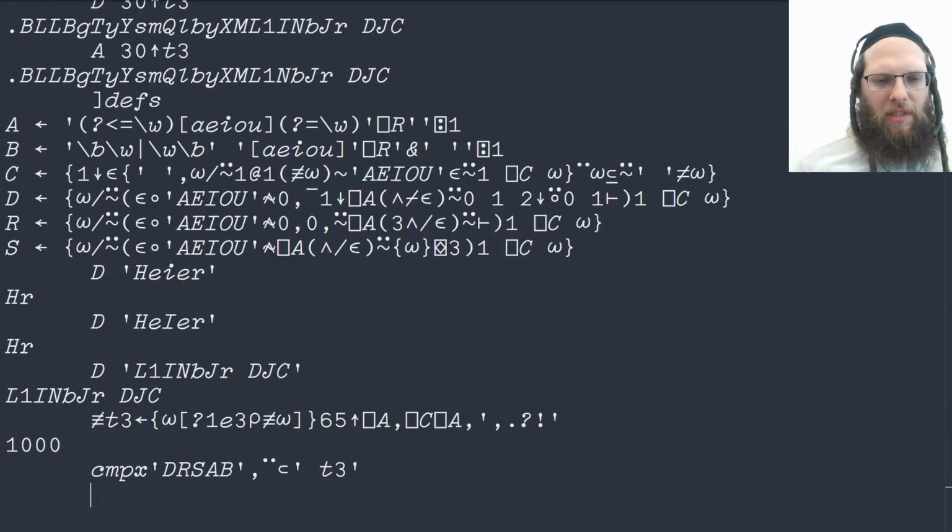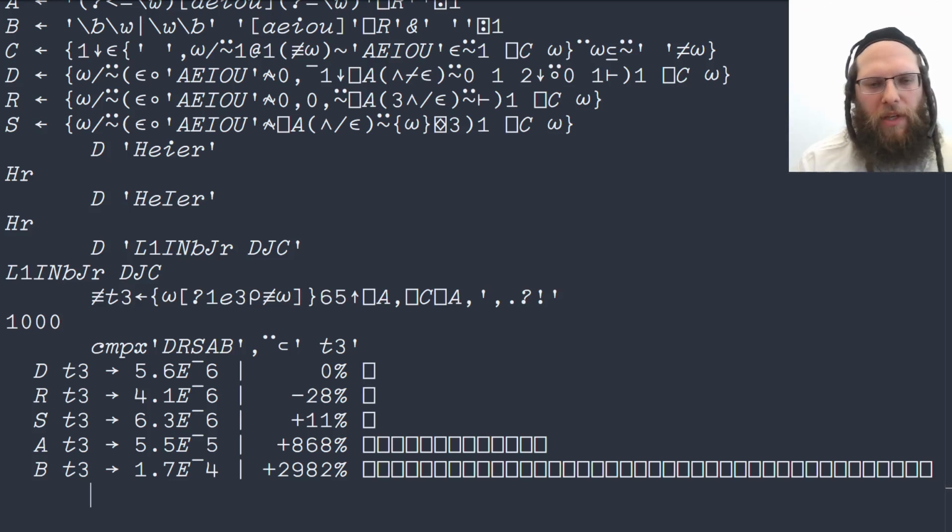Let's try the performance again. Of course, it shouldn't really make a big difference in the results that we get. There we go. Now we can see it, finally. The performance using regular expressions is not good compared to the APL solutions.